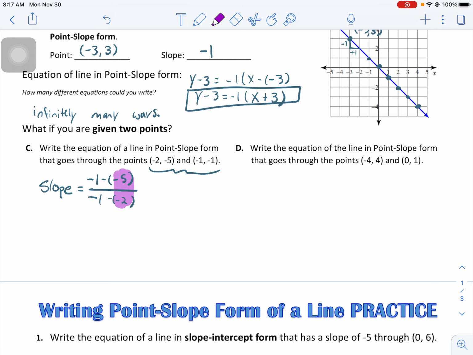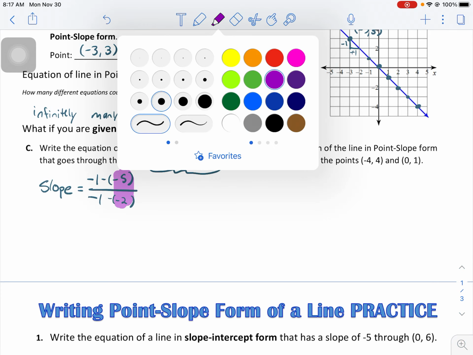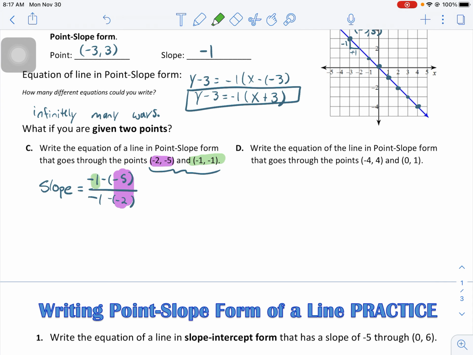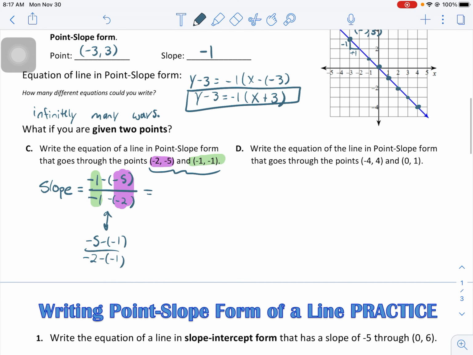All right, notice that these two both come from here, and negative 1 both come from the other point. Okay, so as long as the points stack up, it's okay to write it either way, right? This is the same as saying negative 5 minus negative 1 over negative 2 minus negative 1. Those two things are the same. They would both solve to be exactly the same.